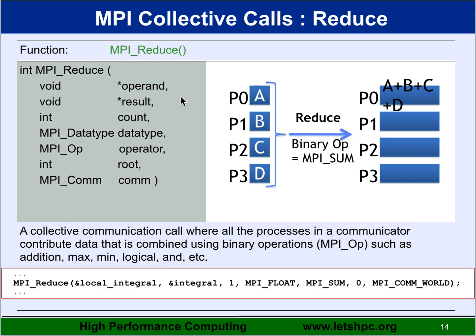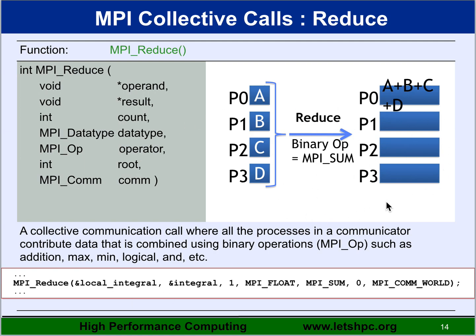Or we can simply achieve this using this reduction call, which can be called using this MPI underscore reduce function. Here we have to mention the root, basically where this final sum will be available. All the processes will send their individual values to this root, and we also have to mention the operation, what kind of reduction operation we are interested in. In this case it is sum.